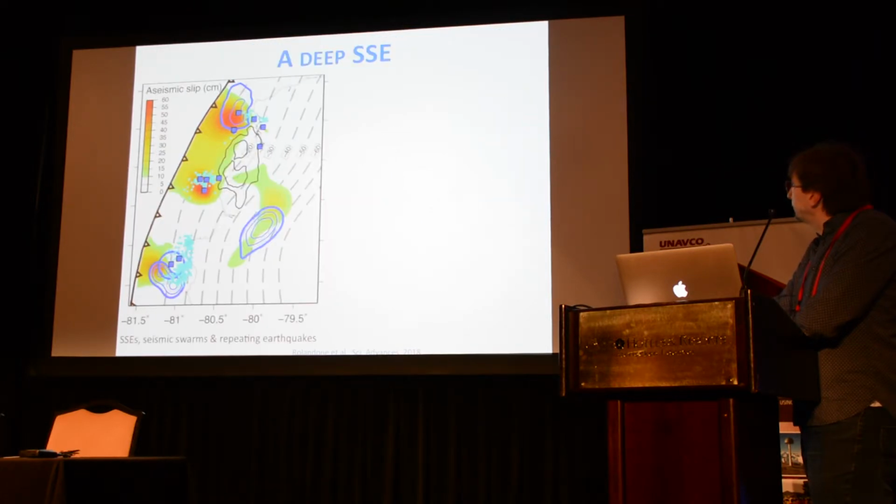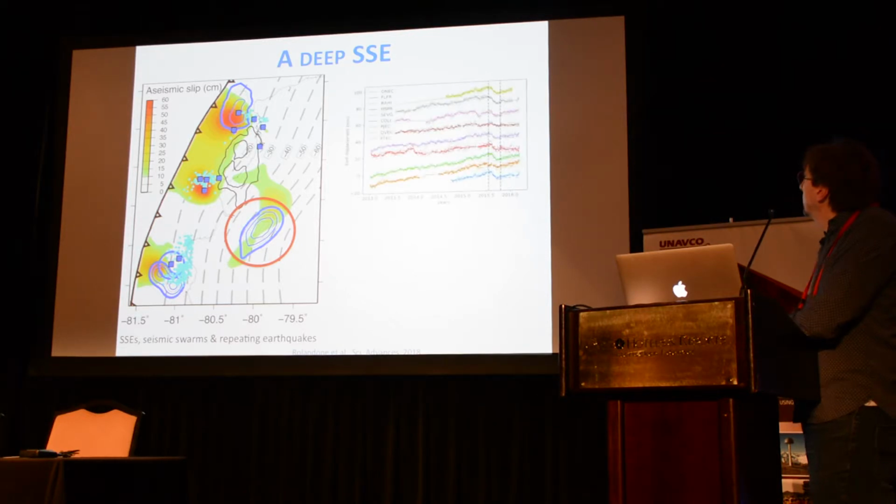Finally, looking again at the GPS time series, we found another slow slip event. You can see here the transient in the time series.